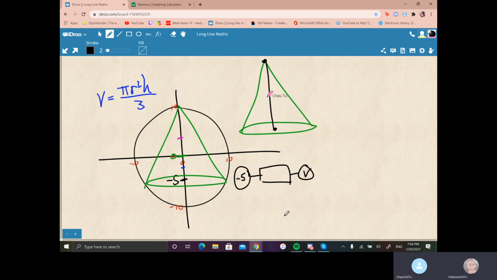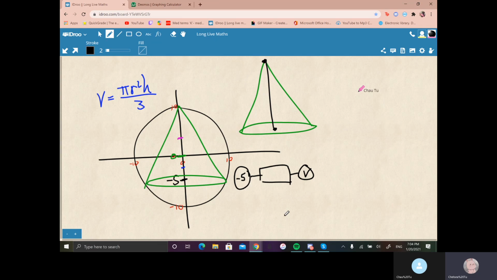The height of the cone is 10. No, 10 is from here to here. -15. No, -5. How can you have a radius of -5? What does that mean? Oh, sorry, no, height of -5. What does that mean? You see, if a person is 1 meter tall... the height of -5. What's that?